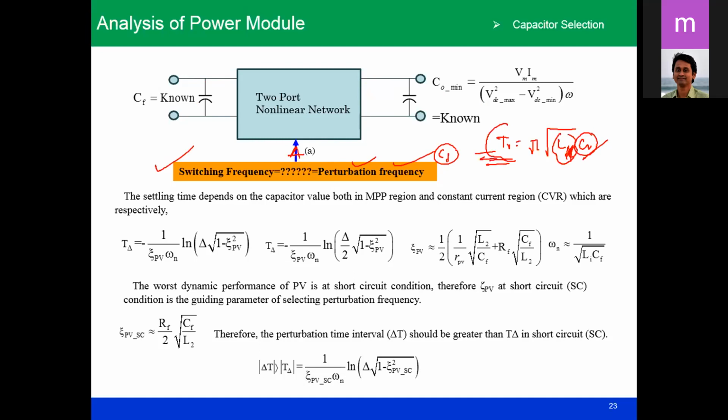Now another question here, I have used a boost converter, and you already know if you increase the switching frequency, then you can make the system dynamics faster. But always remember that if you increase the switching frequency, basically you are increasing the switching loss. So therefore it is important how you can operate the system with a lesser frequency. Therefore, you can design the perturbation frequency, and perturbation frequency determination is very easy.